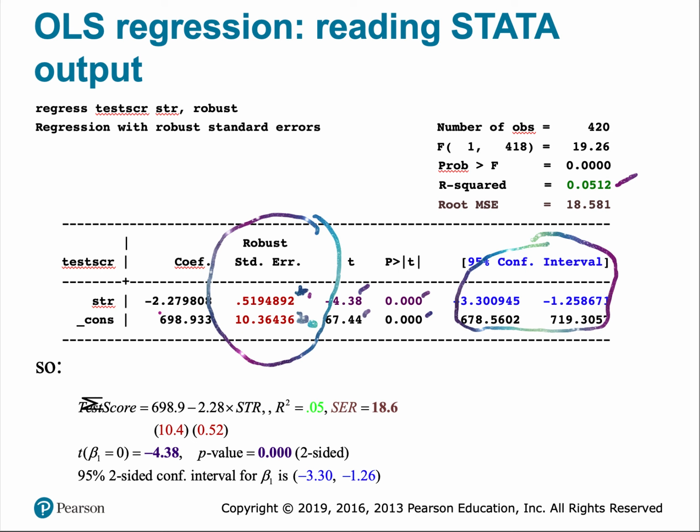We believe that the slope coefficient of the regression line is between negative 3.3 and negative 1.25. Likewise, we are 95% certain that the population intercept resides between 678.56 and 719.305. These are the 95% two-sided confidence intervals.